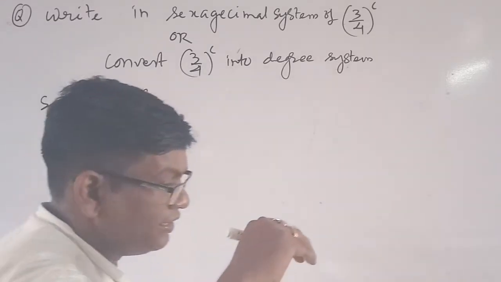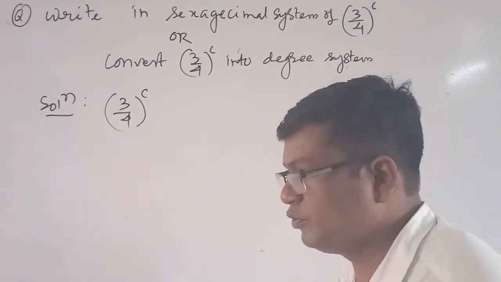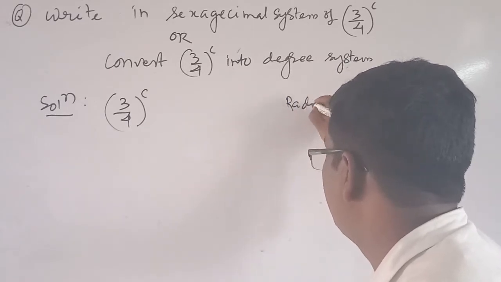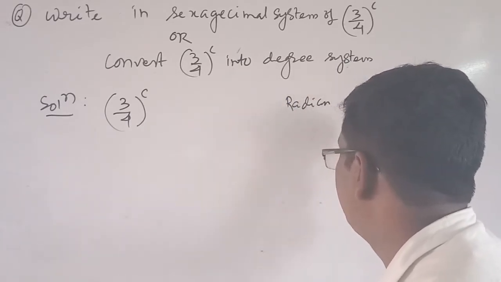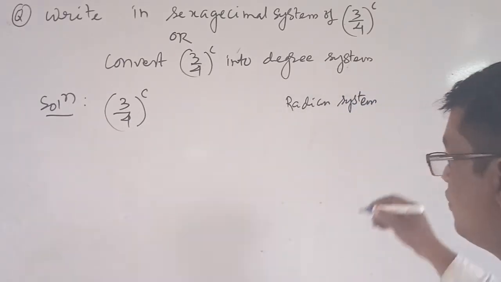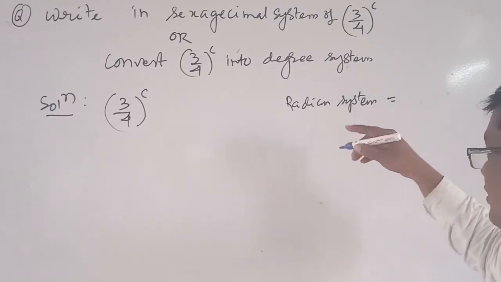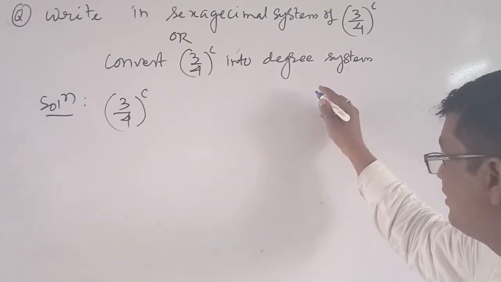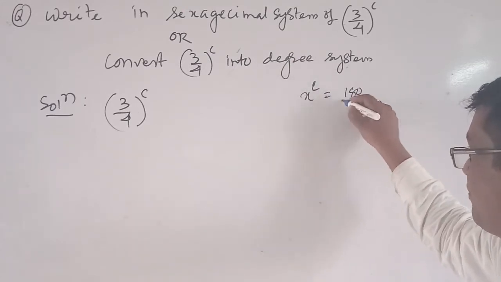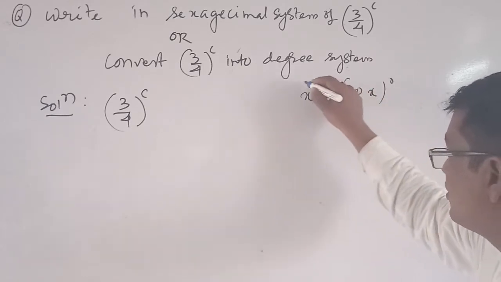If radian is converted into degree system, then what we have to do? Suppose x radian. X radian is equal to 180 by pi into x. This is degree. This is the concept.